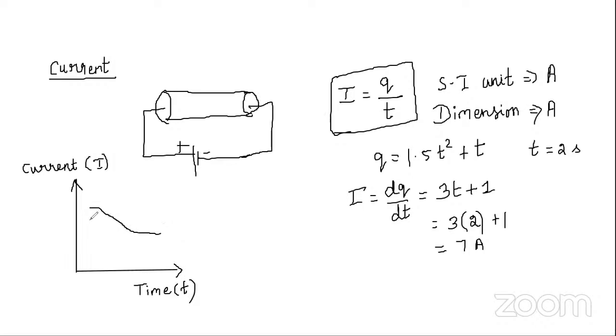If you have a curve like this, and the curve can touch the y-axis like this also, then when you find the area covered under this graph, what you get is the total charge flowing.